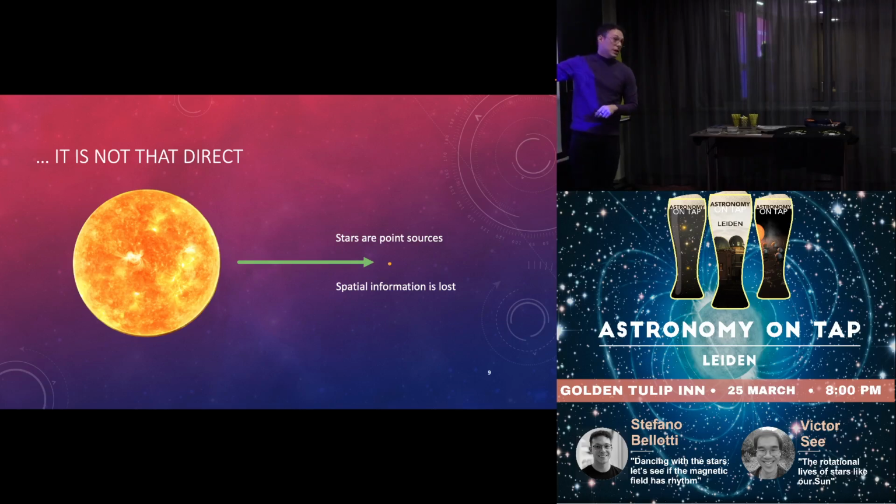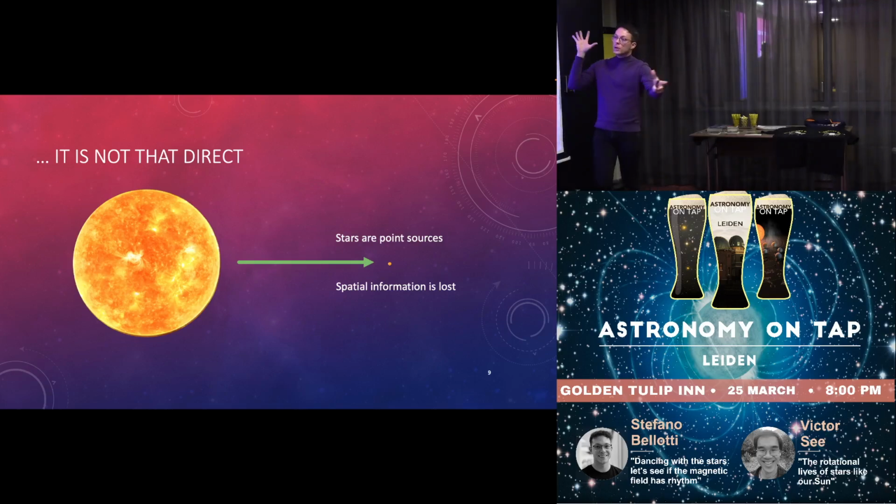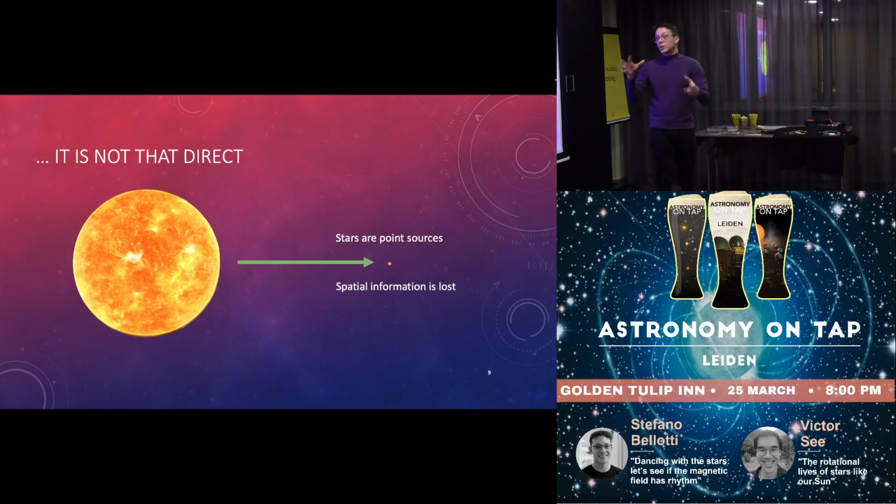And this is not even a point, there are some pixels here, but a star would be literally a point. So we lose this information on the small spatial scales of the star, and therefore we cannot count spots on other stars. So we have to come up with other methods that are called indirect, because we cannot directly see the evolution of the surface of the stars.